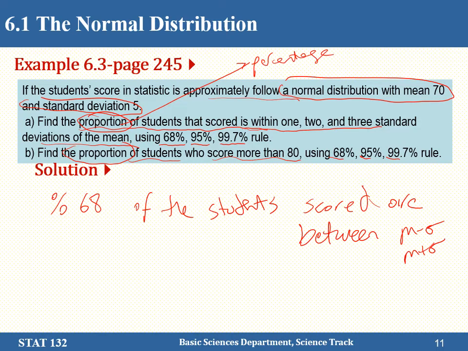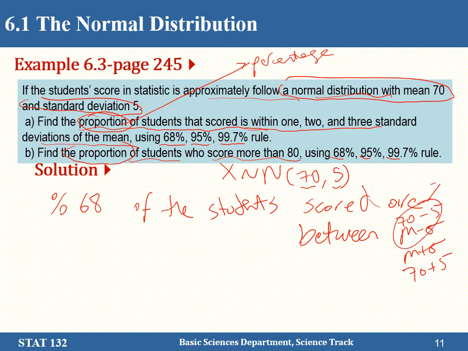The test scores have a normal distribution with mean 70 and standard deviation 5. So mu is 70 here, and sigma is 5. So you can say 70 minus 5, and this is 70 plus 5. This one will be 65, and the other one will be 75. So we can say 68% of the students scored between 65 and 75.